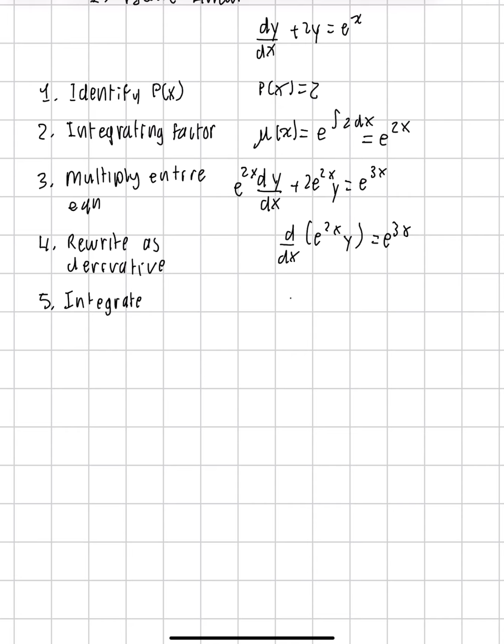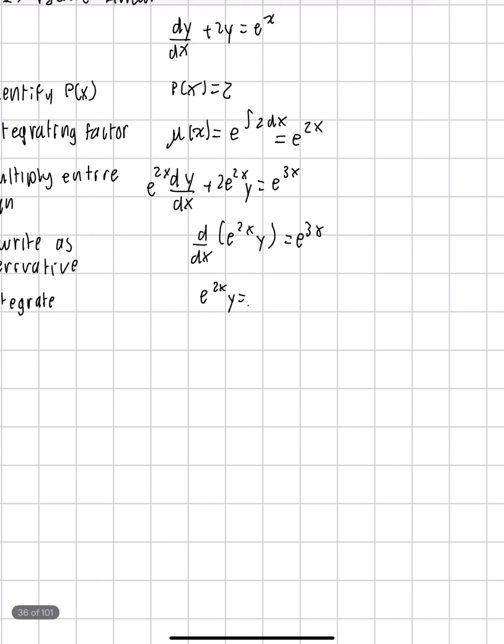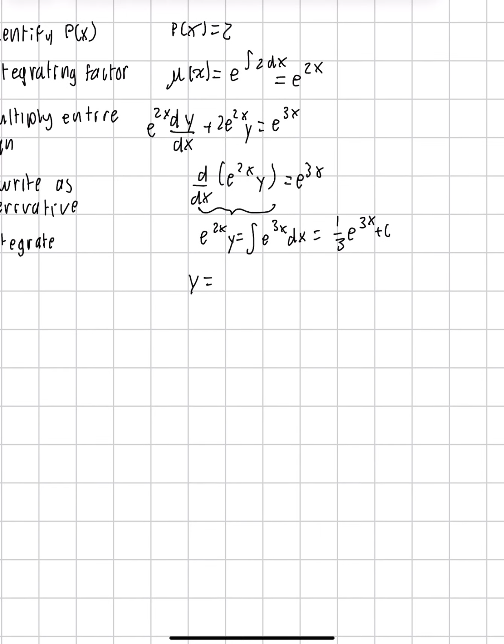Integrating this, we get e to the 2x y is equal to the integral of e to the 3x dx, and this is going to be 1 over 3 e to the 3x plus c.